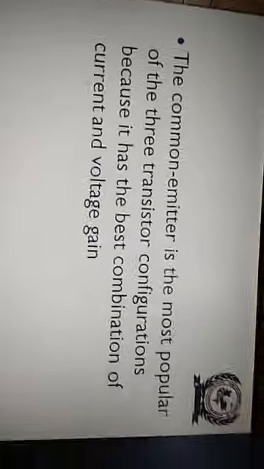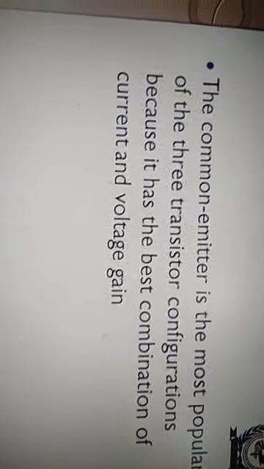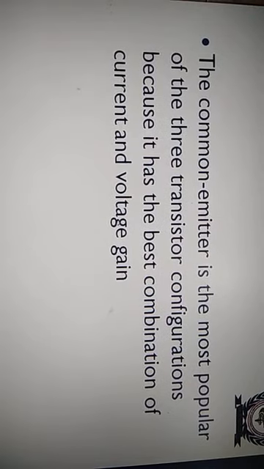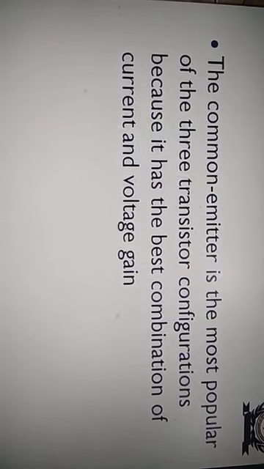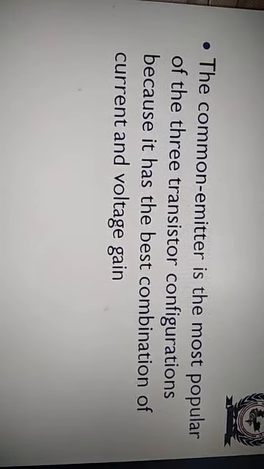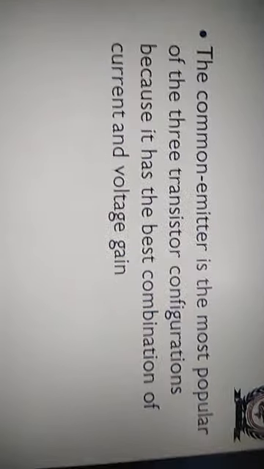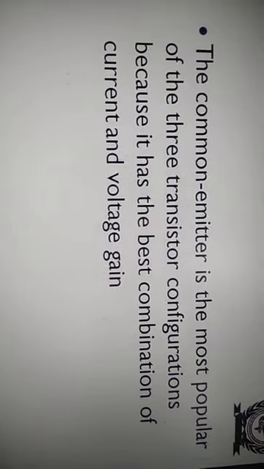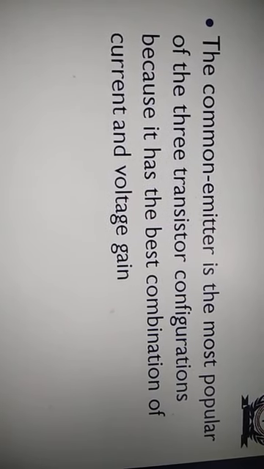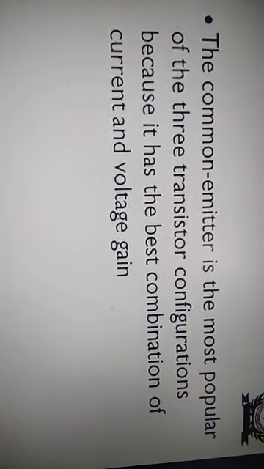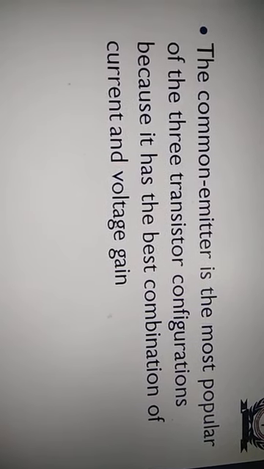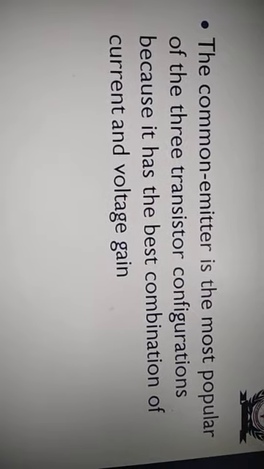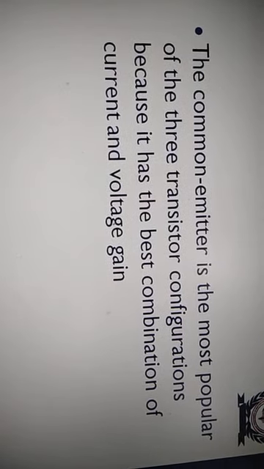The common emitter is the most popular of the three transistor configurations because it has the best combination of current and voltage gain. Here you will get the proper current gain, that is beta, IC upon IB, as well as the proper voltage gain. In case of the common collector, the voltage gain is 1 while the current gain is 1 plus beta.